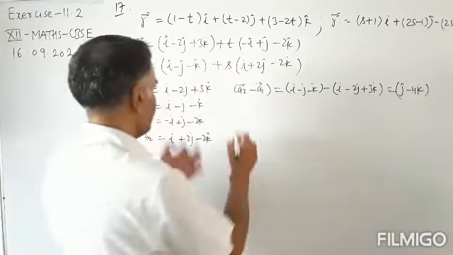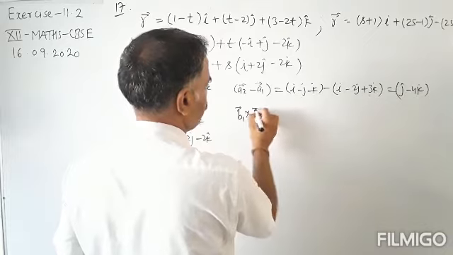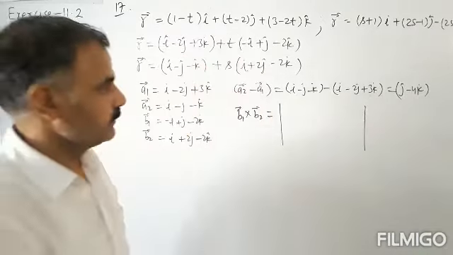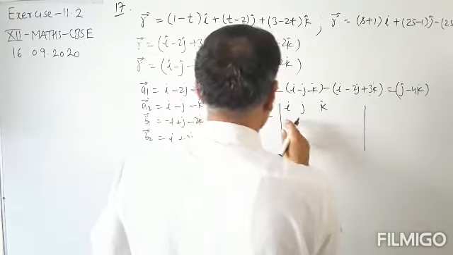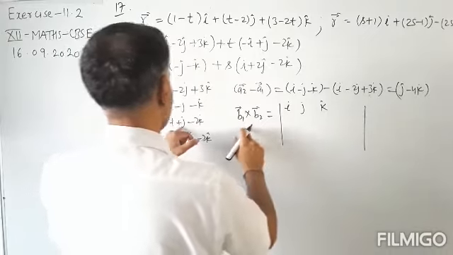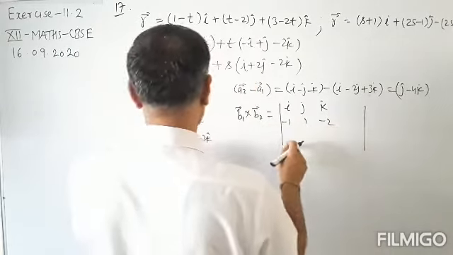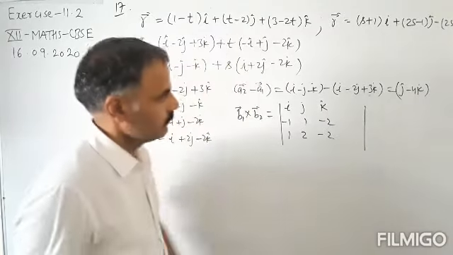Then we have to find B1 vector cross B2 vector using this determinant. So i cap, j cap, and k cap; components of B1 are minus 1, 1, minus 2, and components of B2 are 1, 2, minus 2.